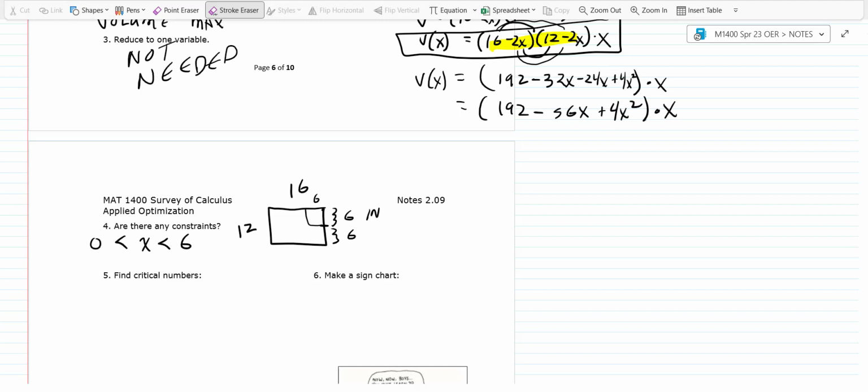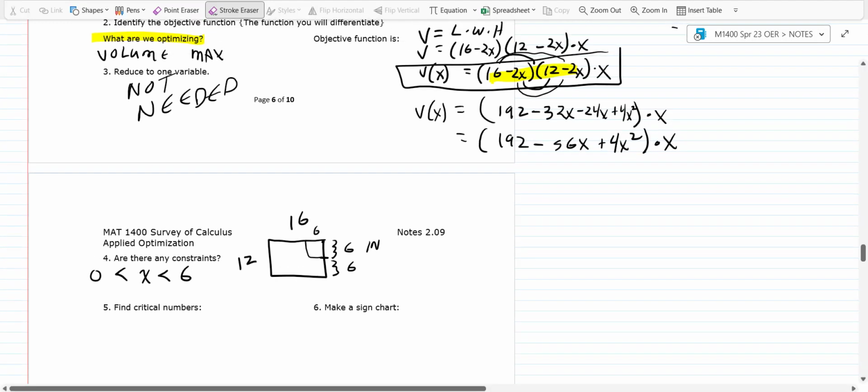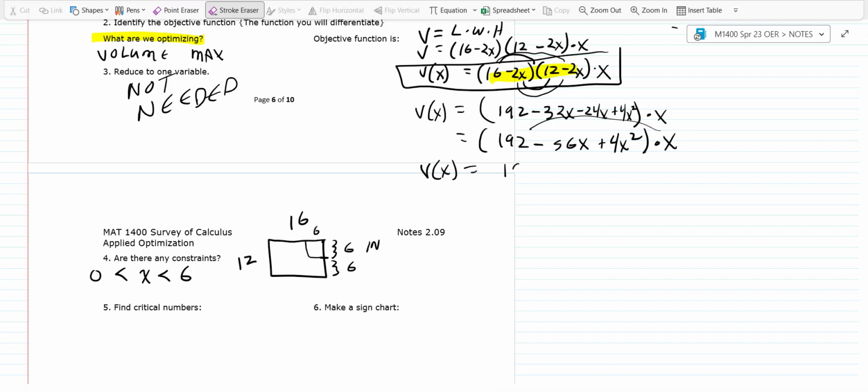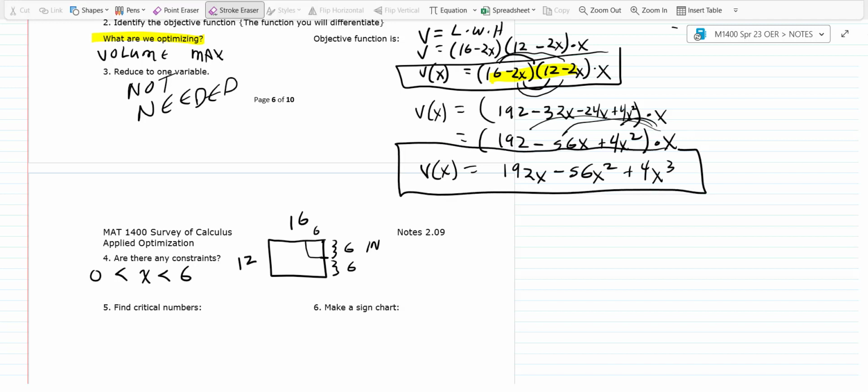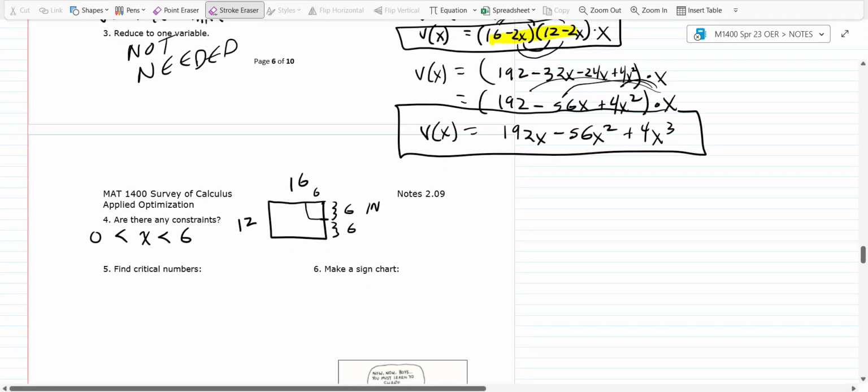So I just FOILed that out. Now we're going to distribute that x through. We have 192x minus 56x squared plus 4x cubed. So this is our objective function all multiplied out. Any questions so far? All right, tell me what the derivative is, just in your head.